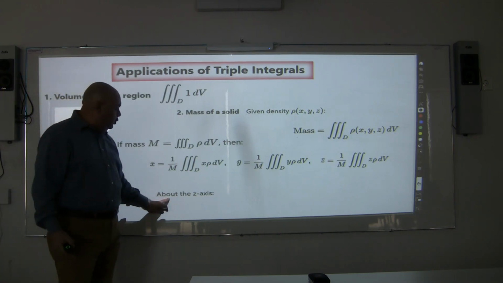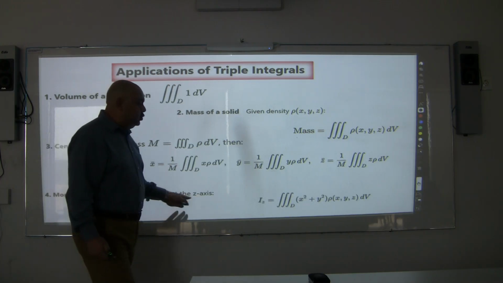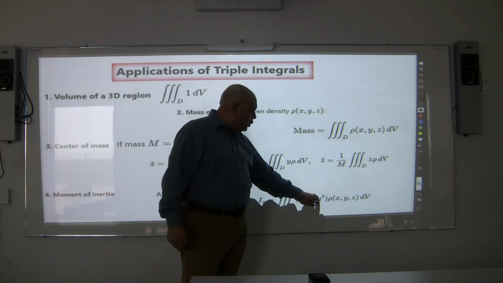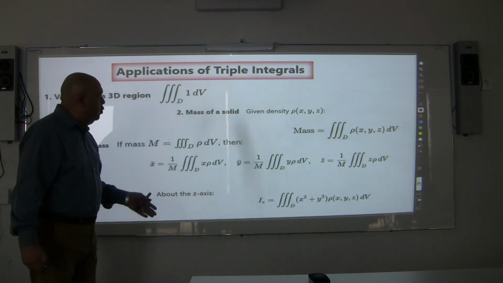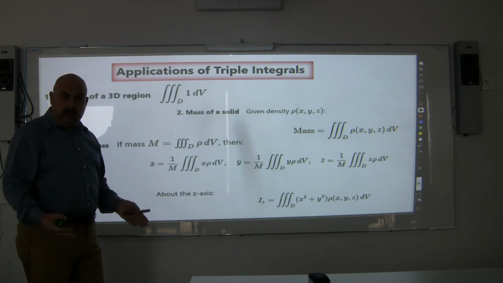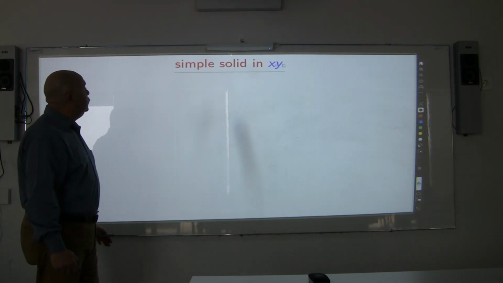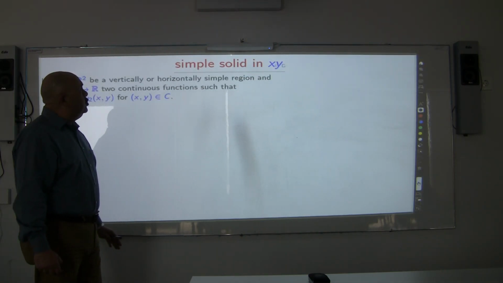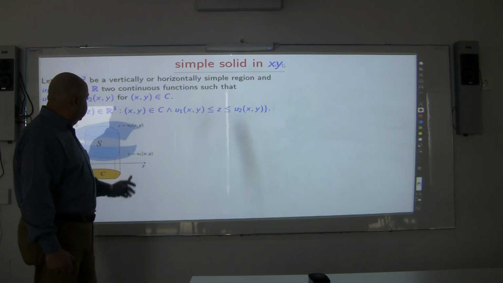For example, to evaluate the moment of inertia about the z-axis, all I have to do is insert x squared plus y squared in the integrand times rho of x, y, and z, which is the density of the material we are evaluating our moment of inertia for.